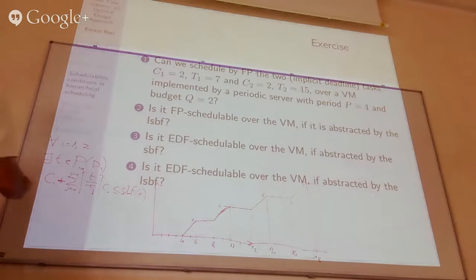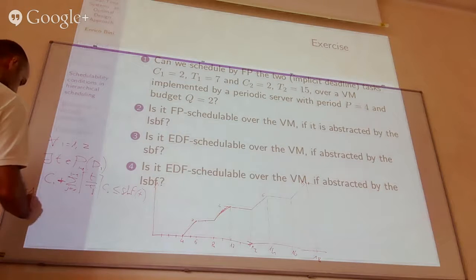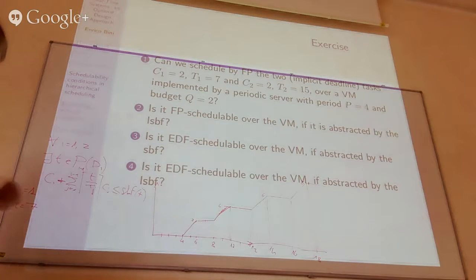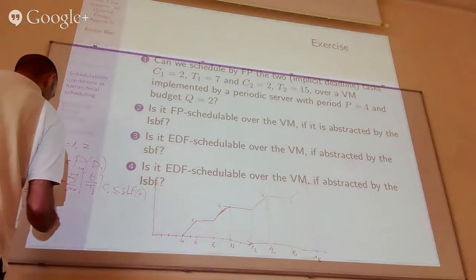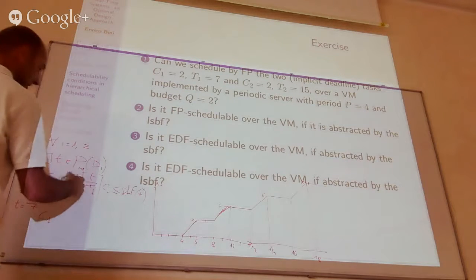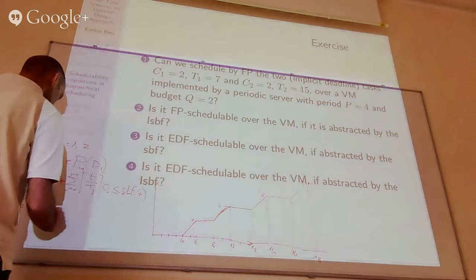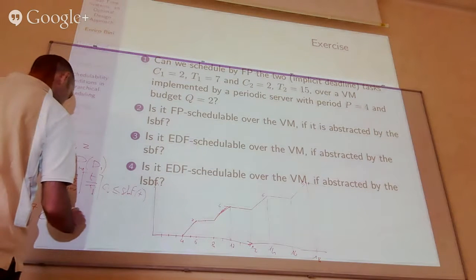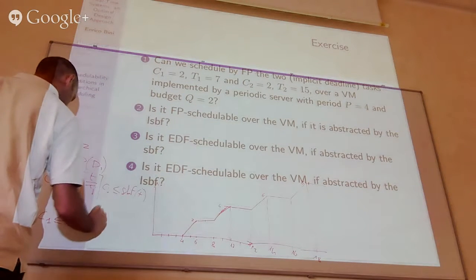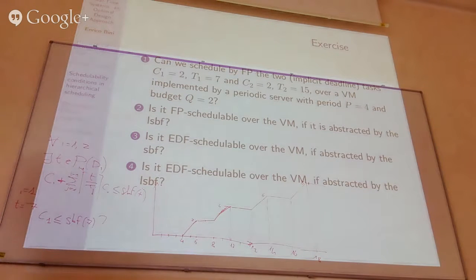So we do i equal to 1. If you don't remember, t has to be equal to just the deadline, 7. Okay, is it true that C1 plus nothing, because there is no interference for the highest priority task, is less than or equal to SBF of 7? Is it true?